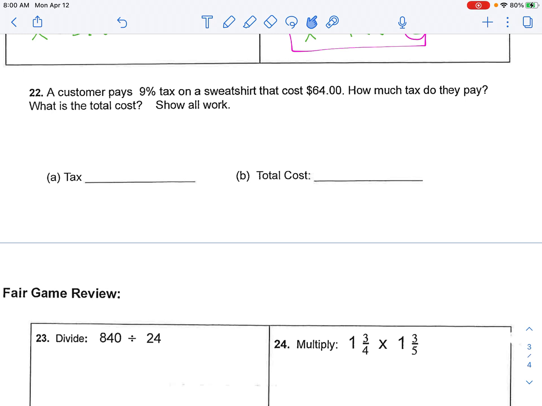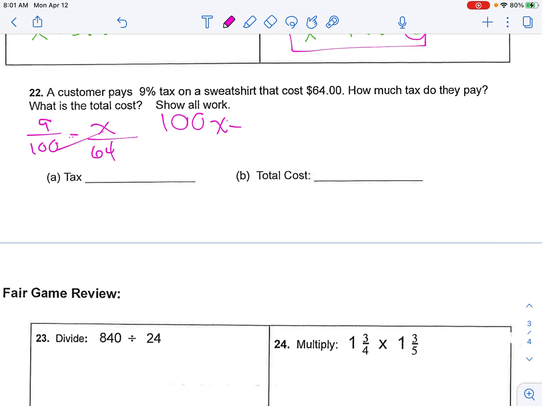Okay. Customer pays 9% tax on a sweatshirt that costs $64. How much do they pay and what is the total cost? 9% tax. Percent over 100 equals how much for a $64 sweater?